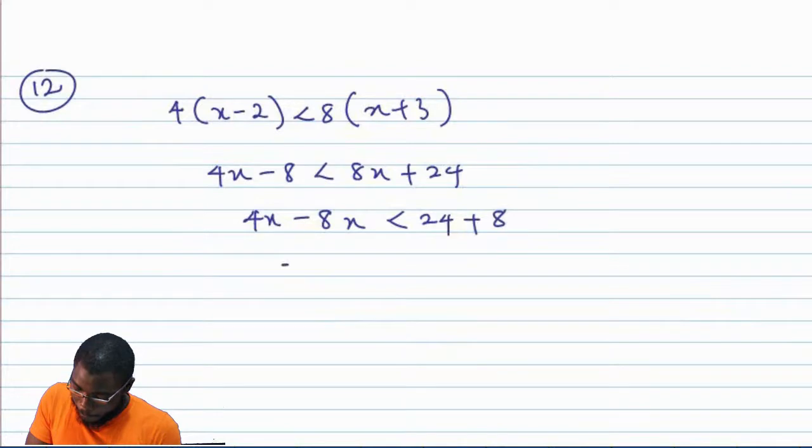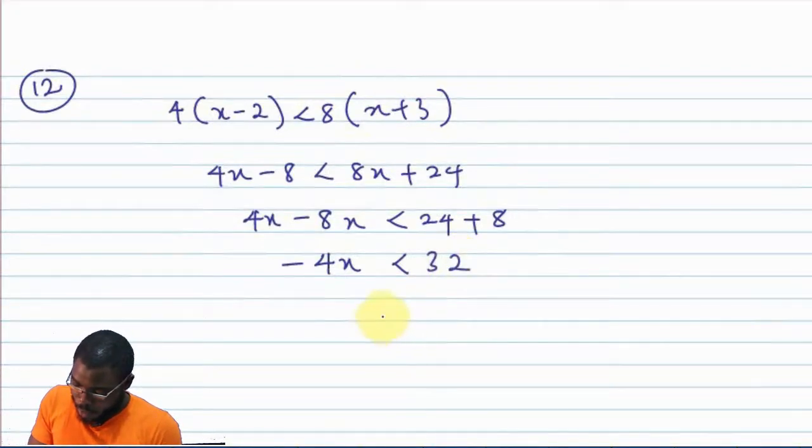Here we have minus 4x, since 4x minus 8x is minus 4x, is less than 24 plus 8. 24 plus 8 is 32.